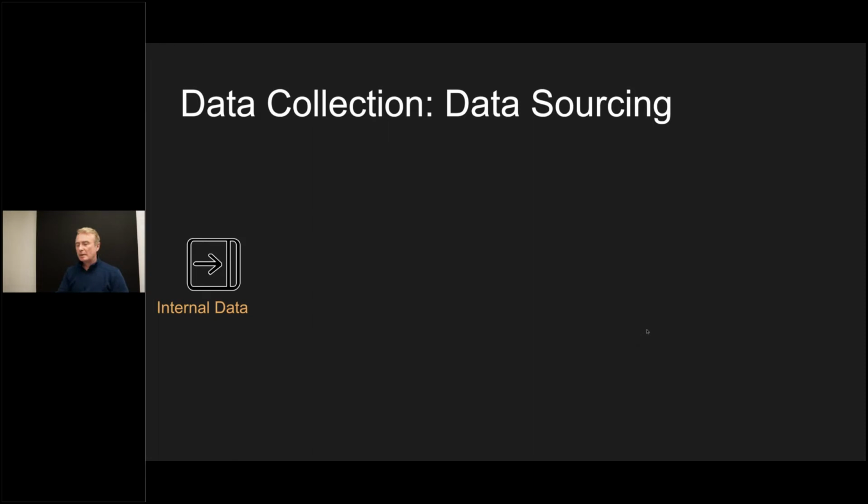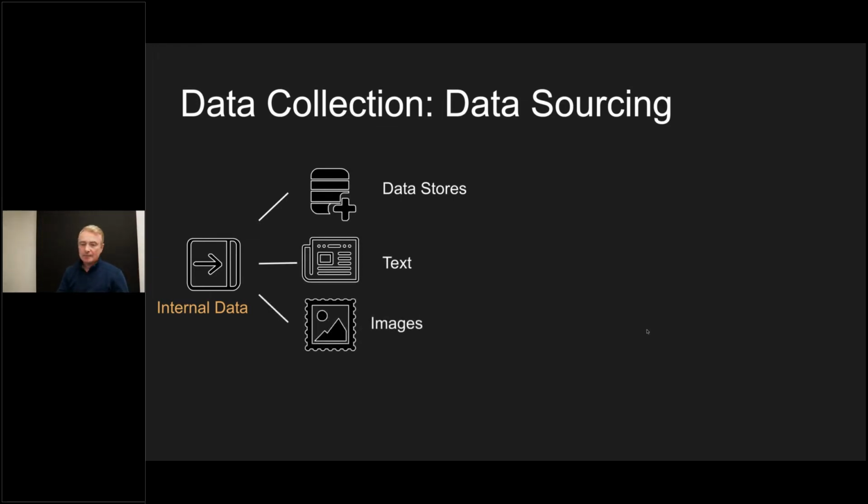So when people talk to you, and again, this is about talking to data experts, if someone comes to you and says, hey, Joe, Jane, John, I got a great model, well, okay, where did you get that data from? Did you source it internally? Did you get it from our data store? Did you get it from a text? Is it private, confidential? Images, was that internal data, internal to your project, your company, and stuff like that?